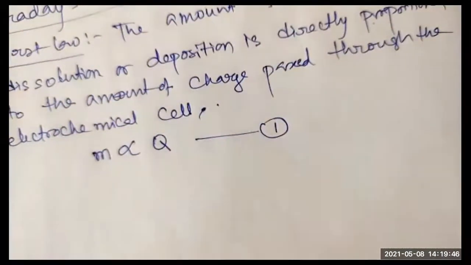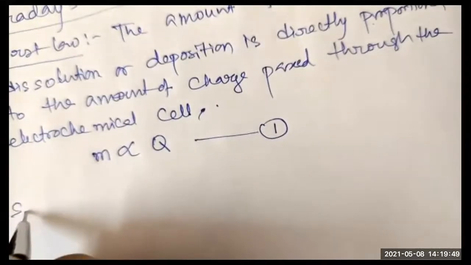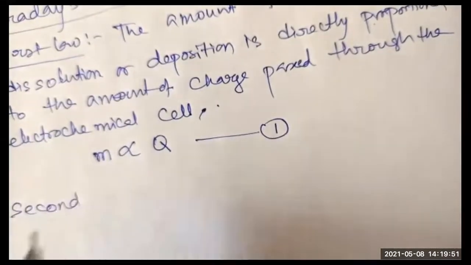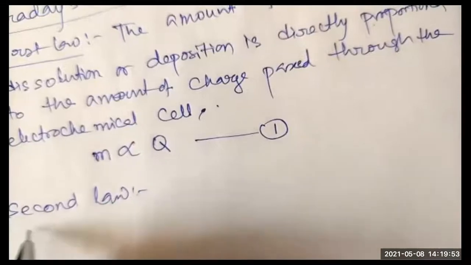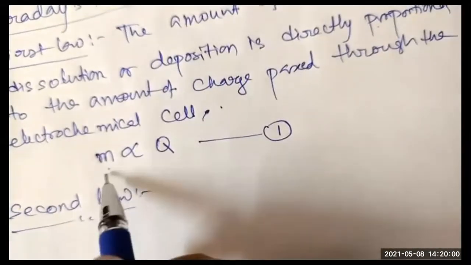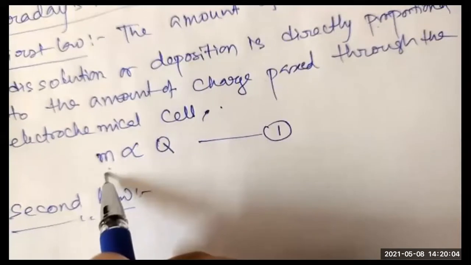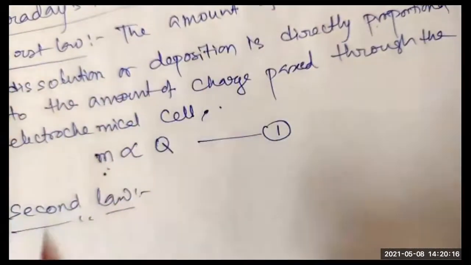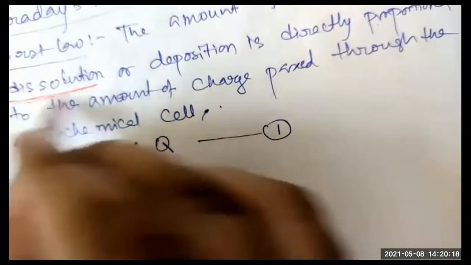Next, the second law. Okay, so once again, when I write this, m is the mass of the material which is dissolved or deposited, but in this case we are not doing an electroplating operation, so there is no meaning of deposition, so material will be dissolved.